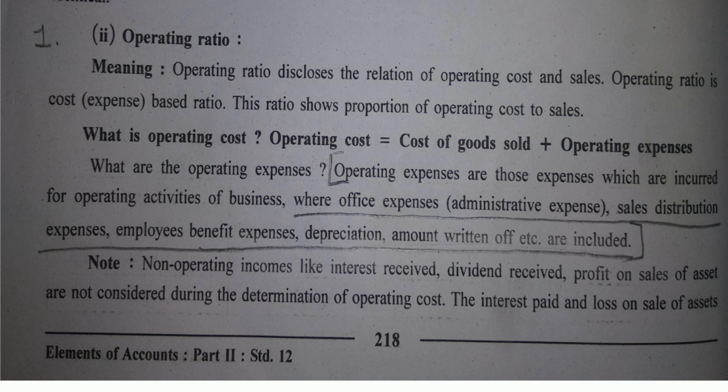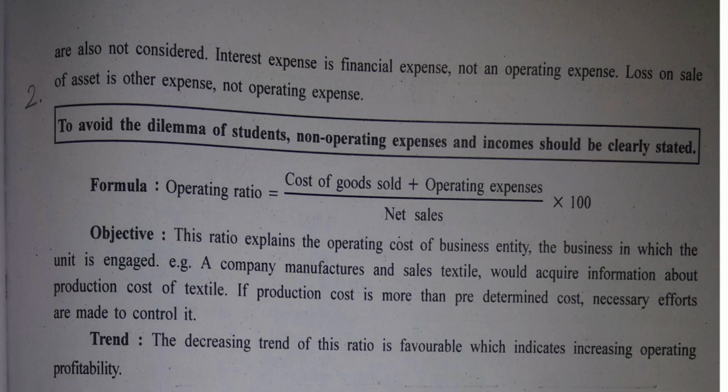You have a note below: non-operating incomes like interest received, dividend received, profit on sale of asset are not considered during determination of operating cost. So let it be. We are just supposed to consider operating expenses, which we have understood, so there is no need of going into detail with other points.